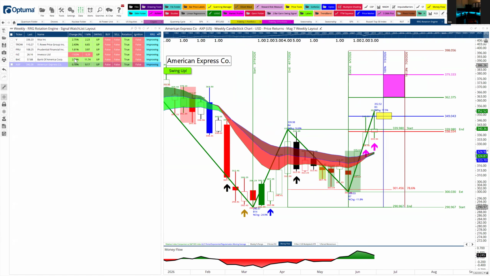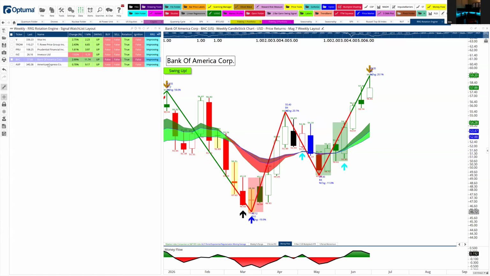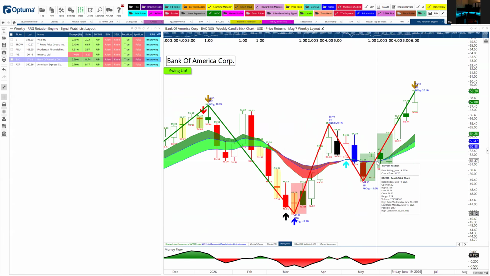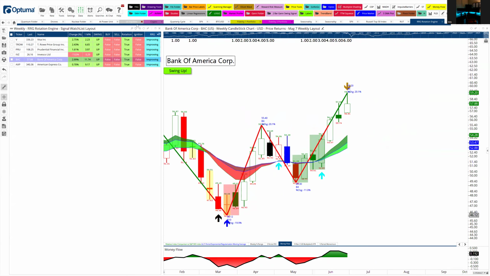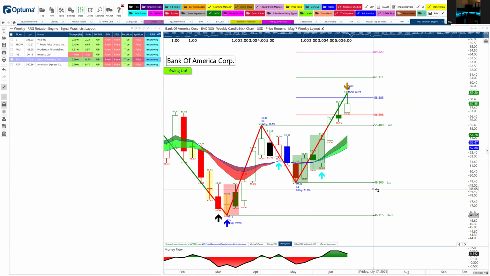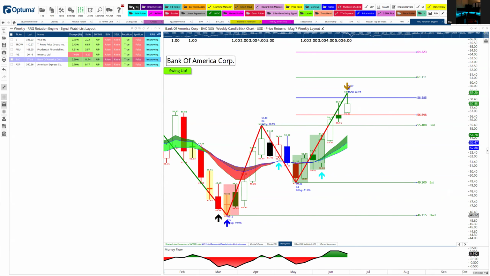Okay. Bank of America. 52 weeks high. Where this stock is at, we can do extension first. Take this swing, this reach 100. Now we take the time.